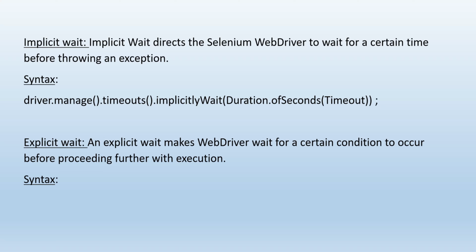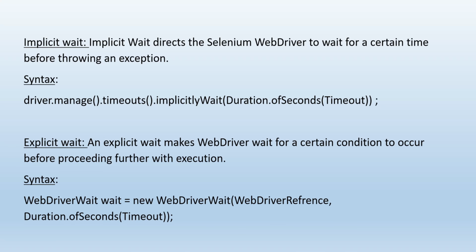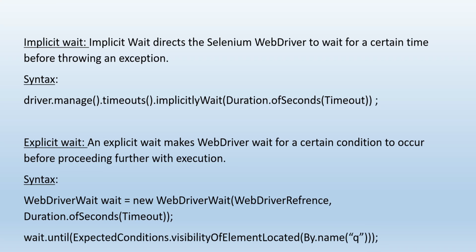Let's see the explicit wait. An explicit wait makes the WebDriver wait for a certain condition to occur before proceeding further with execution. The main difference between the implicit wait and explicit wait is that the implicit wait waits for however much time we give, whereas the explicit wait checks a condition, like wait until ExpectedConditions.visibilityOfElementLocated.